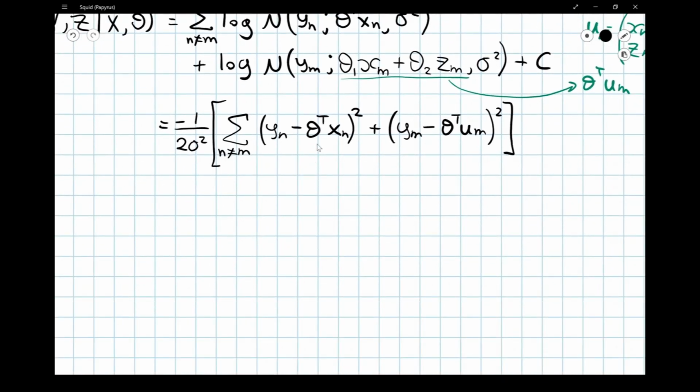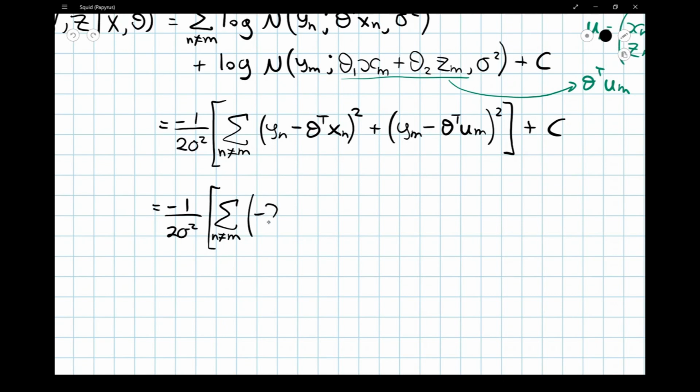Right, now we're going to expand these brackets, and this is still equal to a constant, and anything that's not a function of theta is going to be absorbed into that constant. So we still have our minus 1 over 2 sigma squared, with our summation for n not equal to m. Okay, so we're going to expand this. There's going to be a yn squared, but that gets absorbed into the constant.